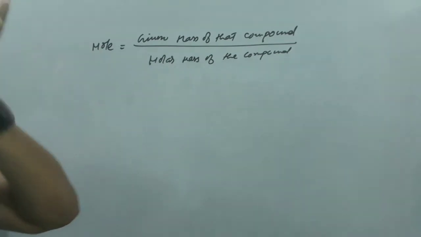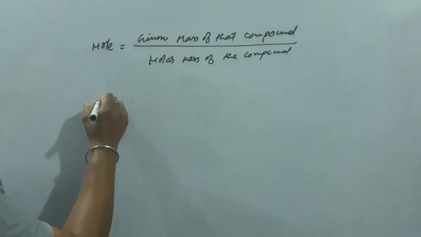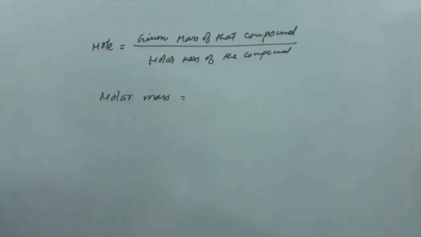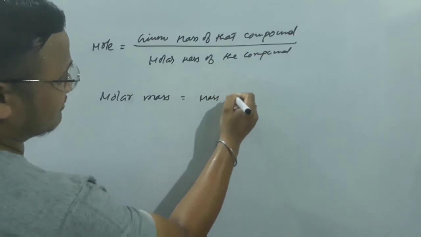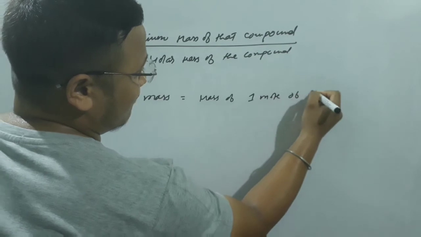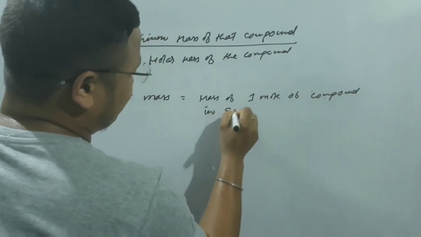Now if you ask me what is the molar mass of the compound, interestingly the things come out here. Molar mass of a compound is the mass of 1 mole of the compound in gram unit.